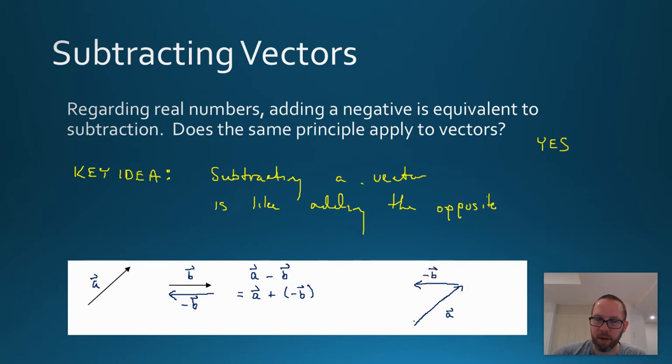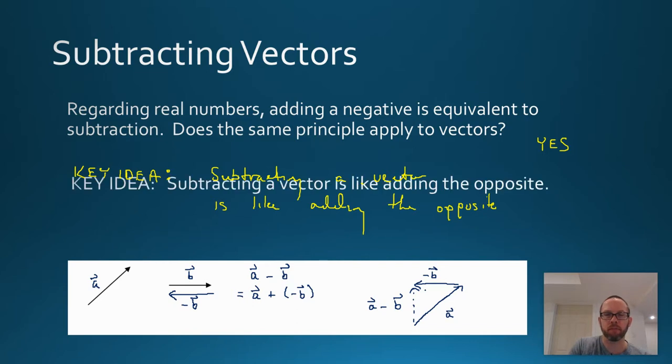That's negative B. And my resultant vector, pointing relatively straight up, I'm not sure if it's exactly straight up, is the vector A minus B. So subtracting vectors is not a big deal. You just add the opposite, and we've already covered how to add vectors together. There's the key idea. That's funny. So subtracting a vector is like adding the opposite. I did have it in there.